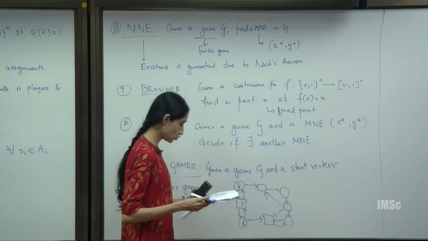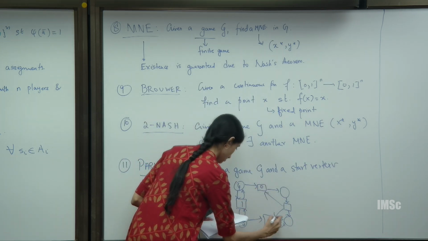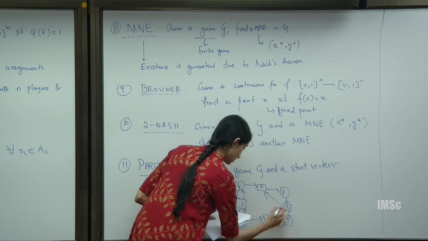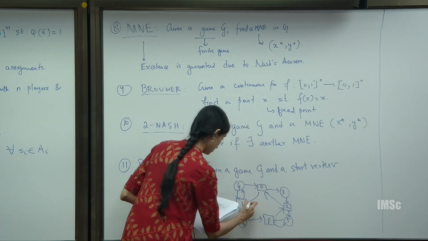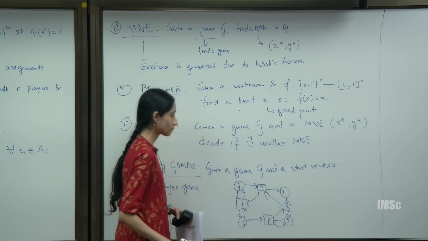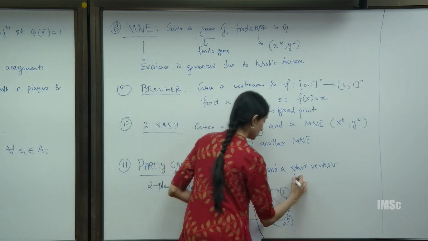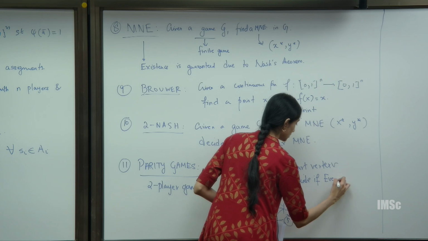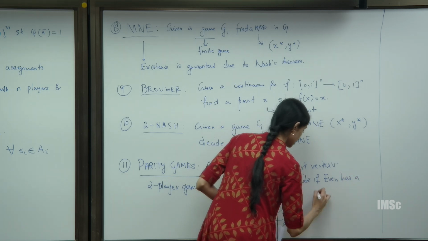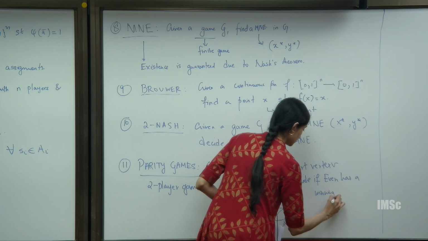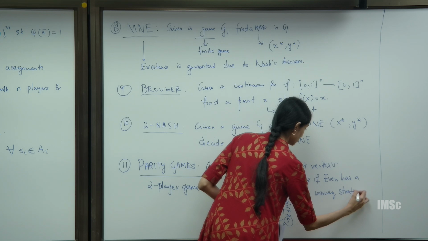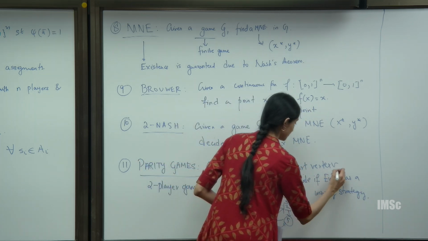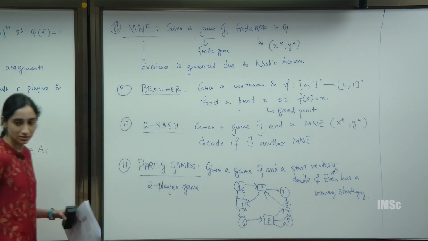Maybe I should put more numbers. Some directions are incorrect. Decide if even has a winning strategy. Even, let us say, is circle. Odd is rectangle or square.